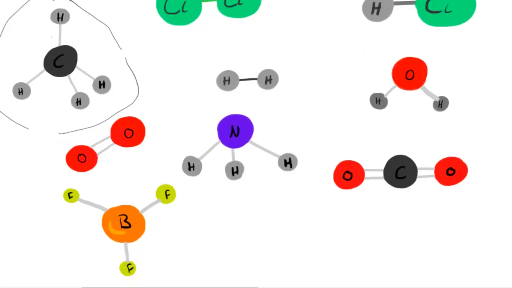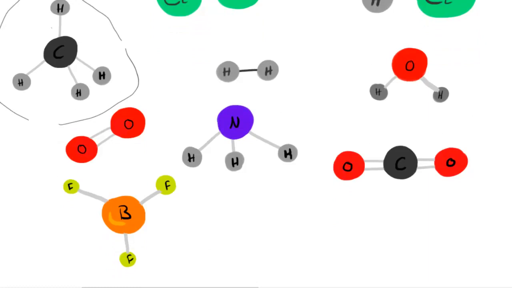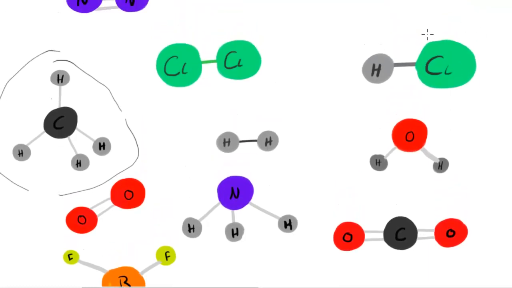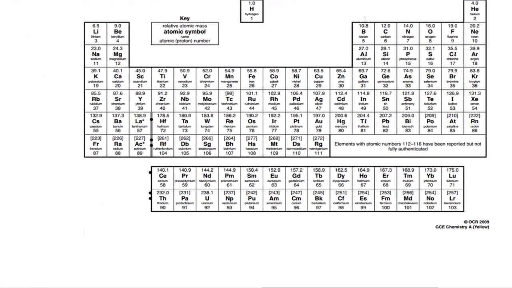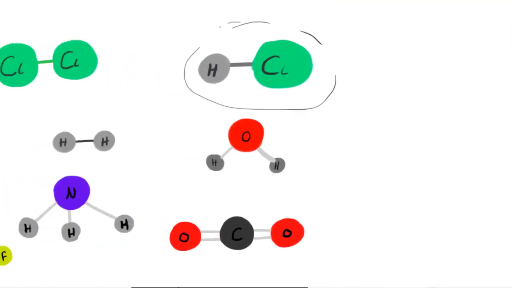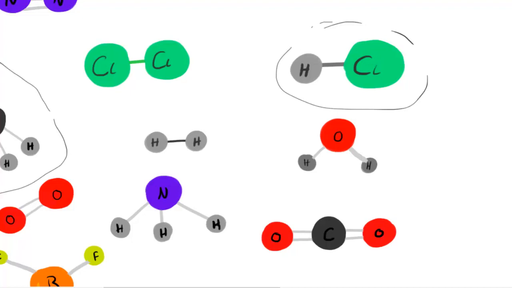On the other hand, if we look at a molecule like HCl, and go up to the periodic table, which I have here, hydrogen is here, and chlorine is over here. So there's a huge difference in electronegativity. Chlorine is going to be much more greedy with the electrons, and therefore this is going to be a polar molecule.